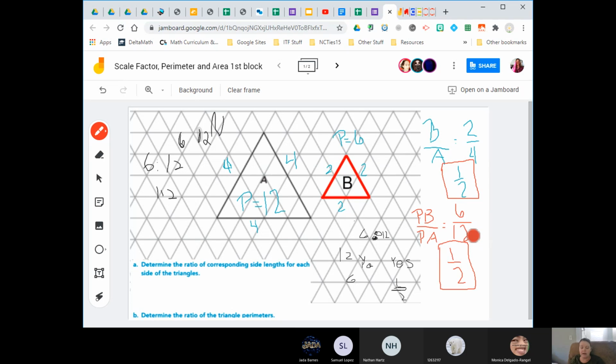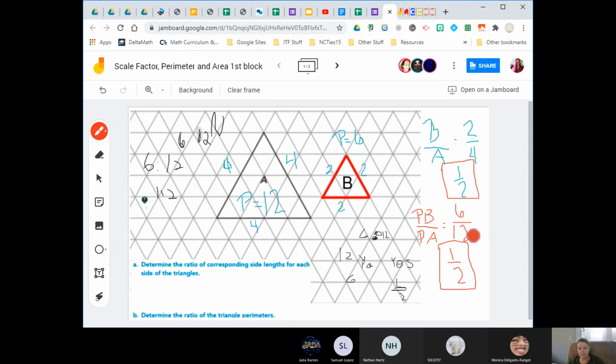So what do you notice about the relationship between the scale factor of the sides and the scale factor of the perimeter? They are what? What do you notice about the relationship?